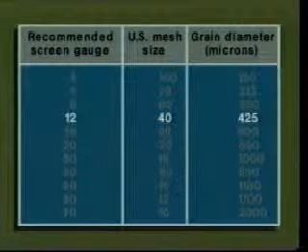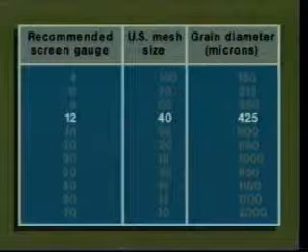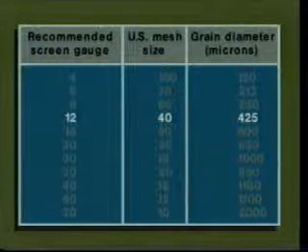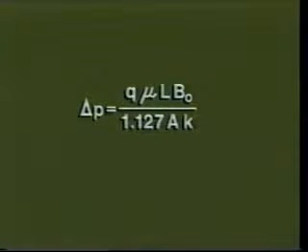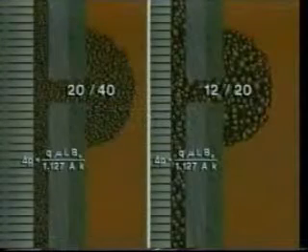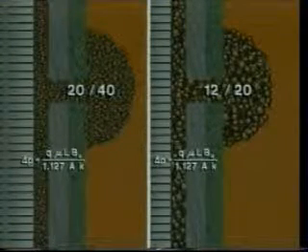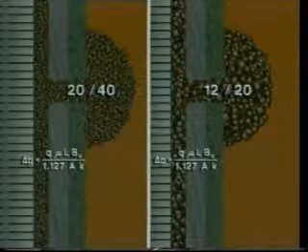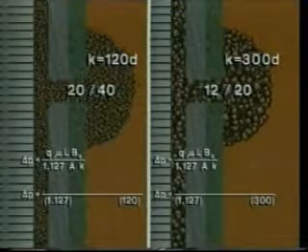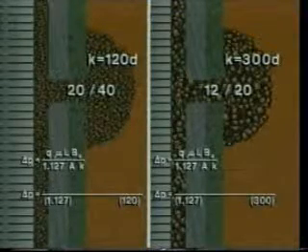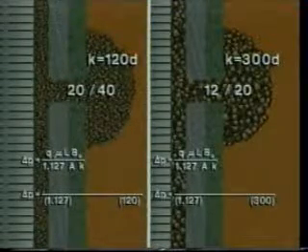since the pressure drop in 20/40 gravel would result in only a slightly greater pressure loss compared to the 12/20 gravel. Darcy's linear flow equation is used to calculate the theoretical pressure drop under these conditions. To illustrate this, we will calculate the pressure drop through perforations packed with 20/40 mesh gravel and 12/20 mesh gravel, with permeabilities of 120 and 300 Darcies respectively.